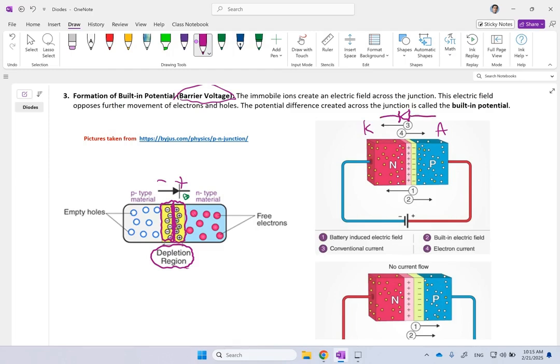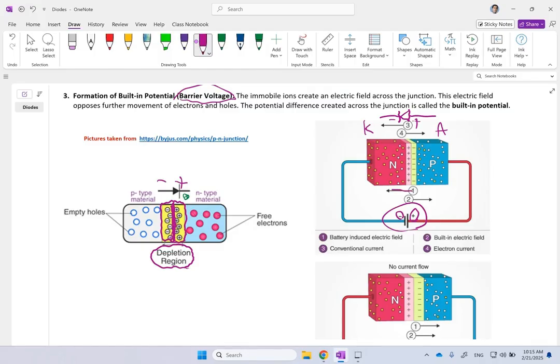You see that you connected the positive side of the diode to the positive side of the battery, and the negative side to the negative side of the battery. In this case, the electric field or the potential due to the battery on the diode is from right to left.